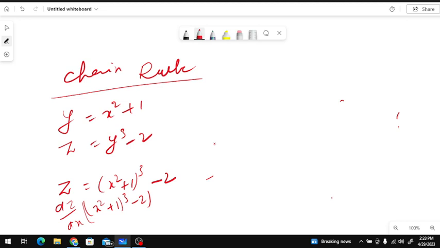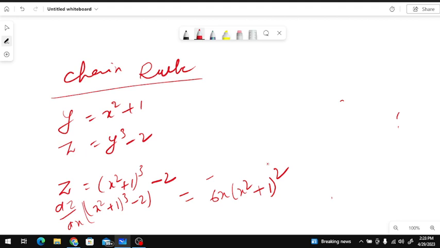We will get an output like 3 times 2x, that is 6x times (x squared plus 1) whole squared.